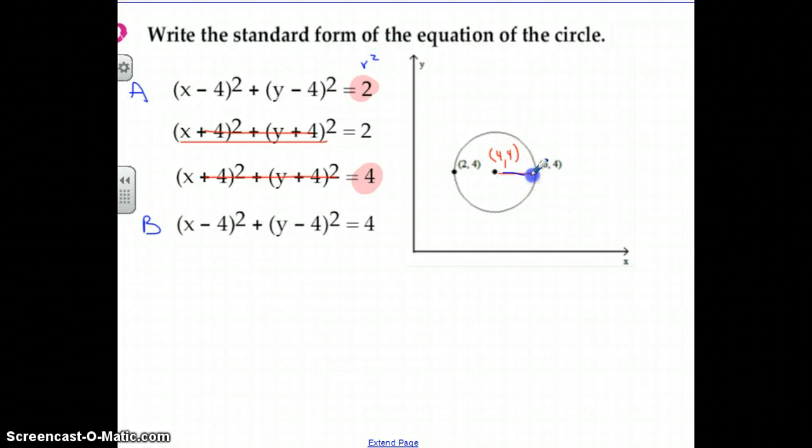So the radius is actually 2, but the answer is going to be D, because that's 2 squared out there. So I think the final solution here is answer D, because they just set it equal to r and they forgot to square the r.